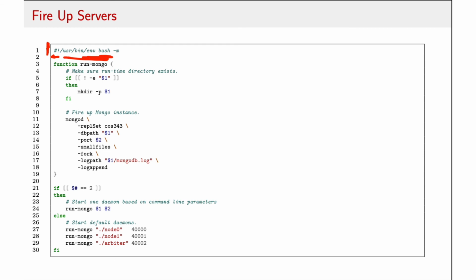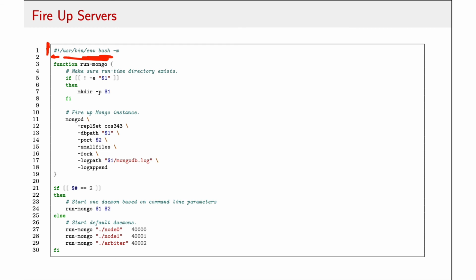When you invoke this particular shell script by typing its name at the command line, the shell that's running is going to look inside of here and start running a new copy of bash and hand to that new copy the location of this file in the file system. When that new bash process starts up, it will recognize that it's being given the name of a command file to execute, and it'll load that in and start running the code inside of it.